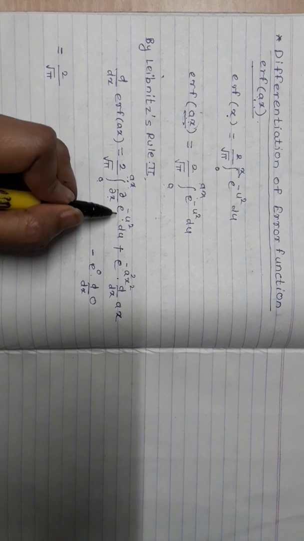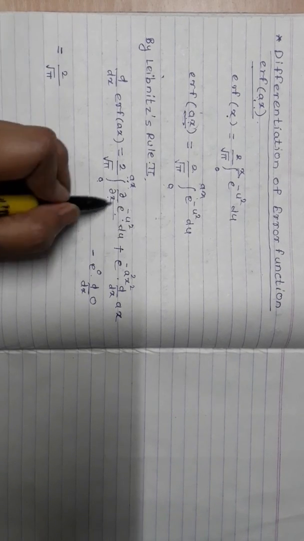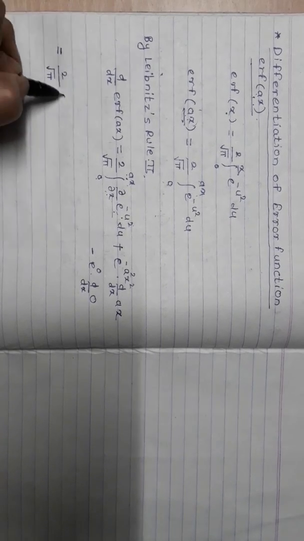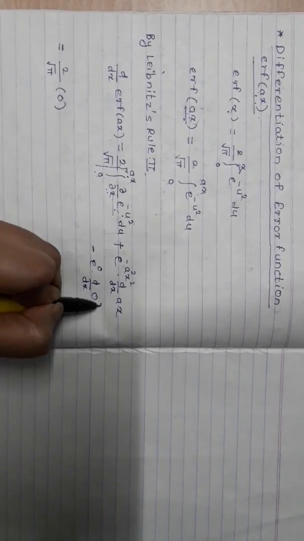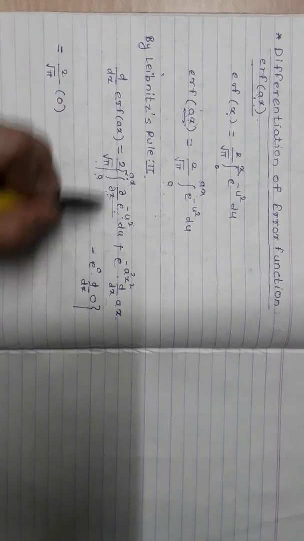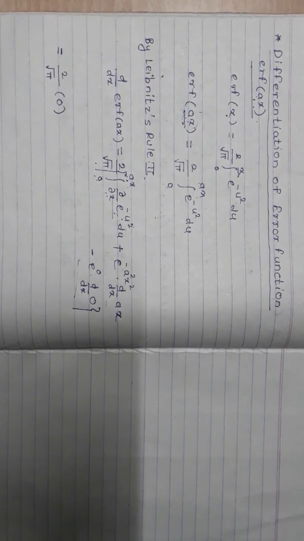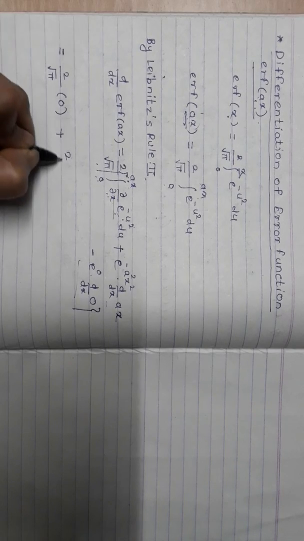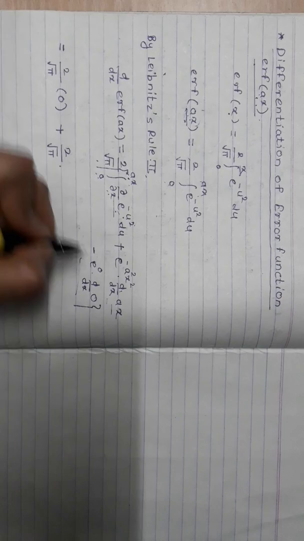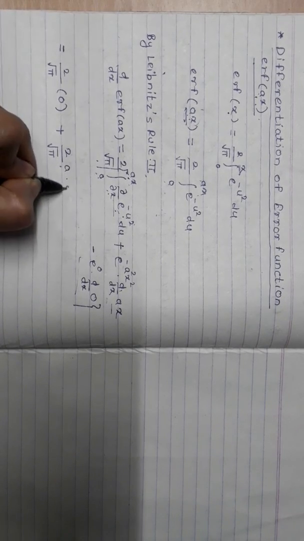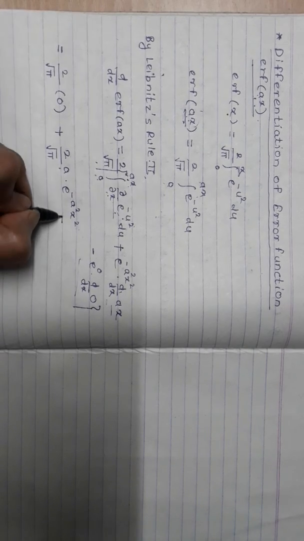See, we are differentiating with respect to x. No x is present, only u is present, so this is a constant quantity. The derivative of a constant is 0, so the first term is 0. Please note that 2 over root pi is multiplied to each and every term. This is a constant, so I am taking it outside. Plus 2 upon root pi multiplied by the derivative of ax, which is just a, into e raised to minus a square x square, and the next term is 0.